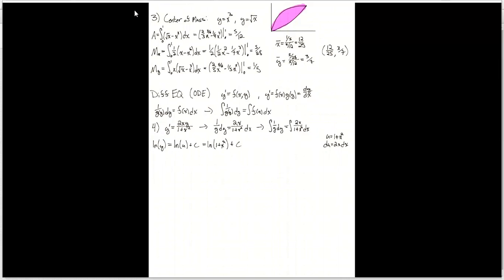So now this equation is actually solvable for y. If we take the exponential of both sides, we get that y is equal to e to the c times 1 plus x squared. e to the c is, again, another constant, so we're just going to call that k.